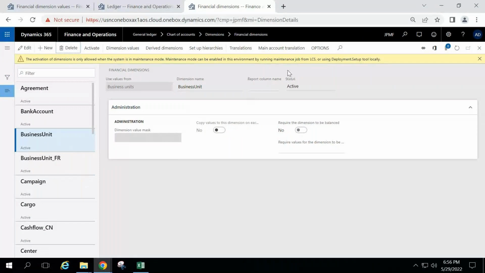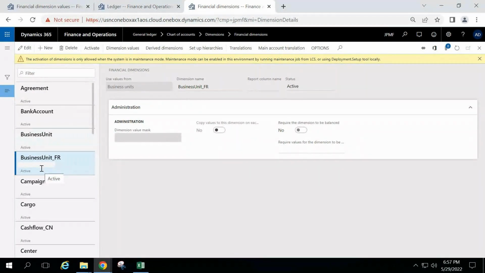See, if you click on any of these financial dimensions and look at the values from, it says business units are active. When I try to create a new one, it was asking for the custom dimension. No, actually, it is not a custom dimension.